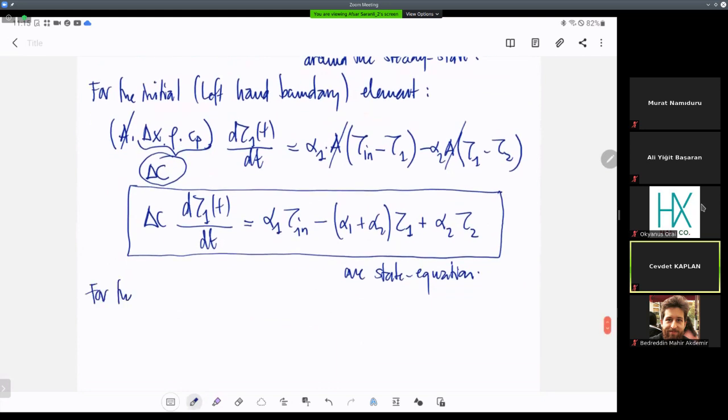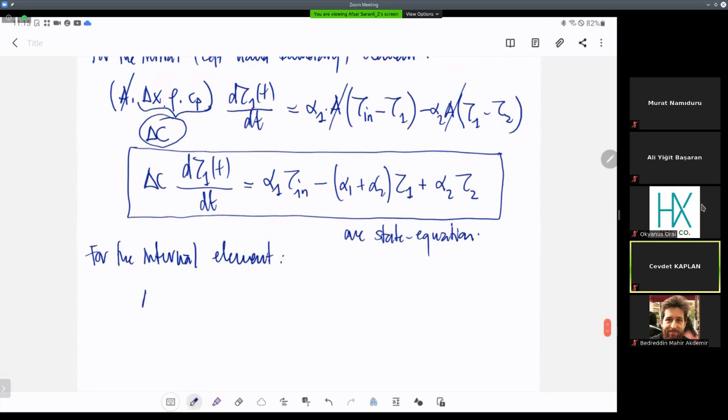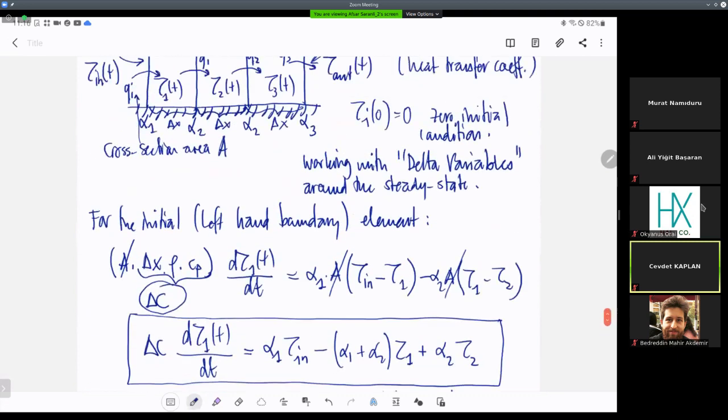For the internal element, and obviously if you have n larger than 3, there will be many internal elements and you will have to write this kind of an equation for all of them. So delta C again, d tau 2 of T over dt, is equal to alpha 2 times tau 1 minus tau 2 minus alpha 2 times tau 2 minus tau 3. We have alpha 2 here because we have alpha 2 for the two boundaries.